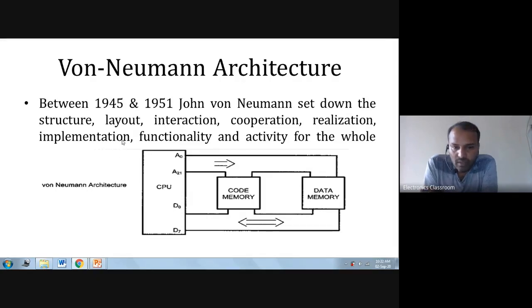If you look at the block diagram or pictorial representation of memory, you will realize that we have separate code memory and data memory, but the address bus and data bus for both are common.